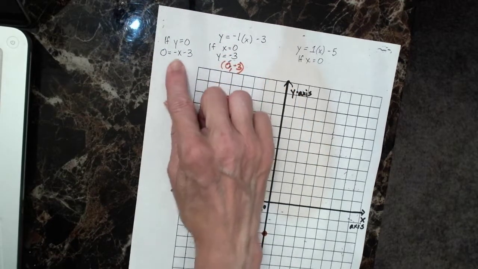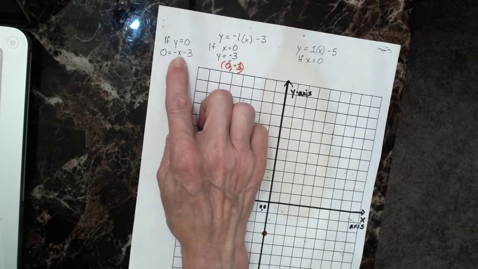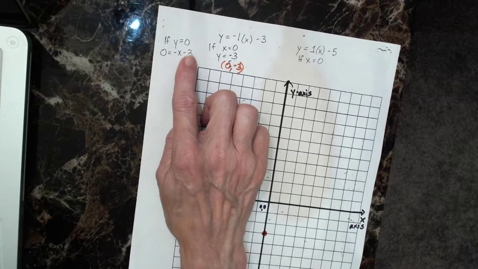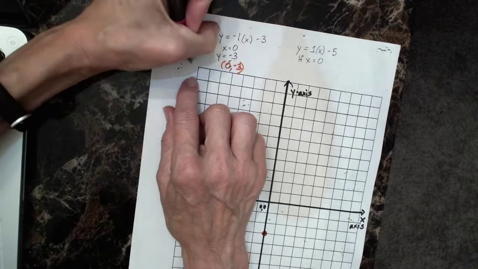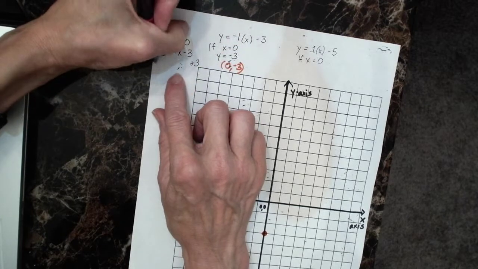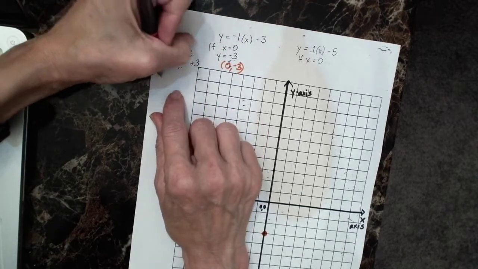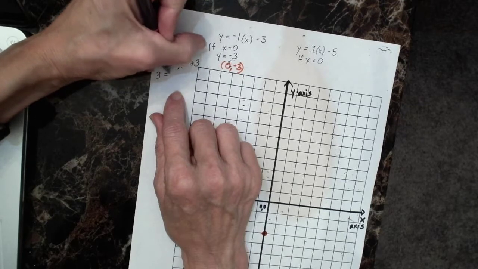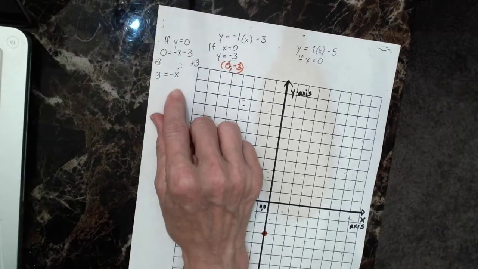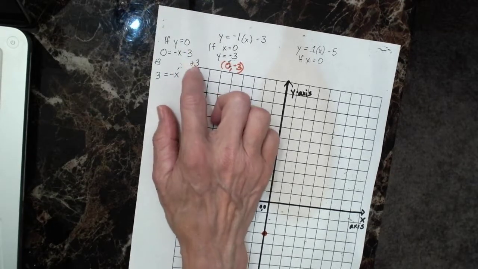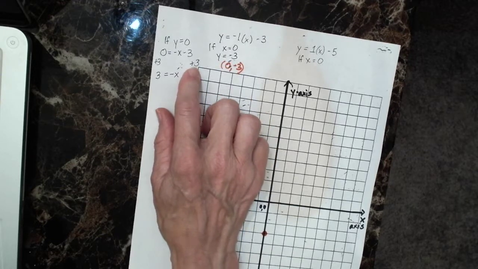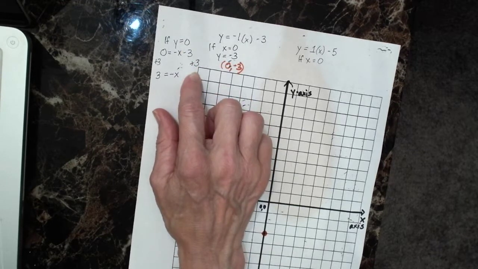So we're trying to solve for x so we can plot another point. We're going to add 3 to both sides. So plus 3 plus 3, 0 plus 3 is 3, equals negative x. So we eliminated the 3 here by adding it to a negative 3.